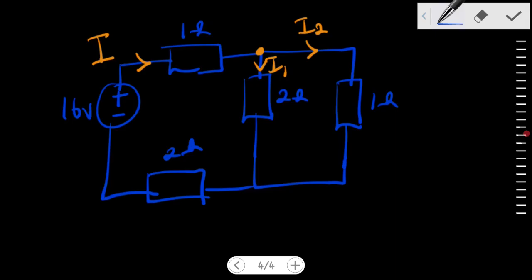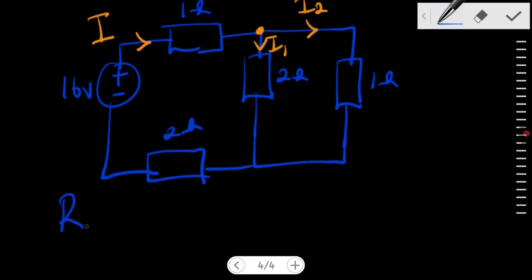Now let's calculate the resistance. The resistance in parallel connection will be 2 times 1 over 2 plus 1, which gives us 2 over 3 ohms.